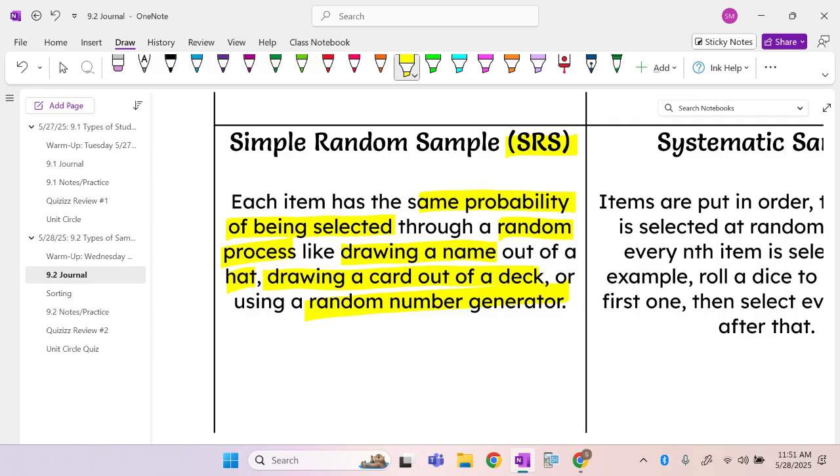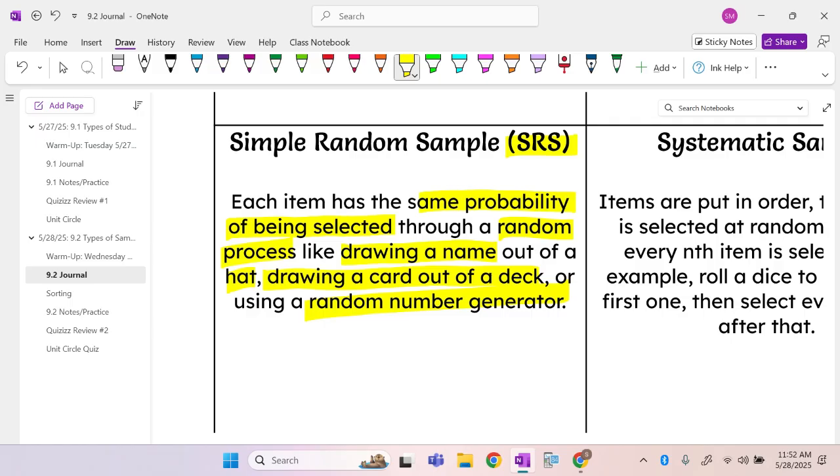They assign each participant a number, and then say, okay, we'll use number 12, 56, 35, and 6. That would also be a simple random sample, using a number generator to pick your people. Or just a deck of cards.